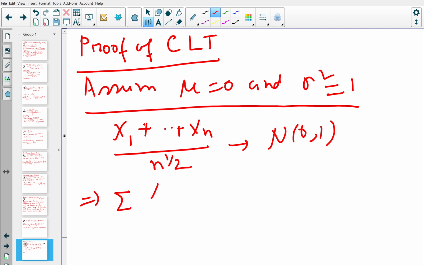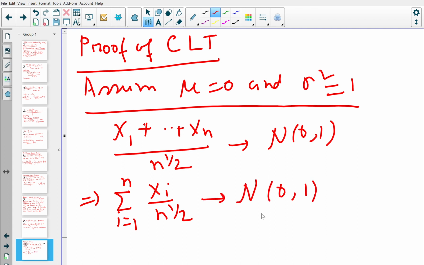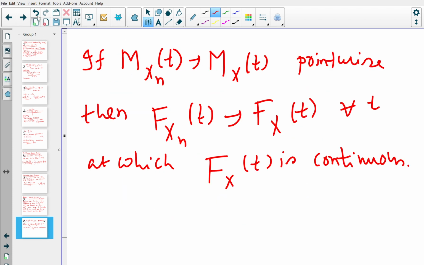So we need to prove that the summation of Xi over n to the power half, i equals 1 to n, converges to N(0,1) as n tends to infinity. The strategy will be to use that previous lemma for the moment generating function of this new random variable, Xi over n to the power half.